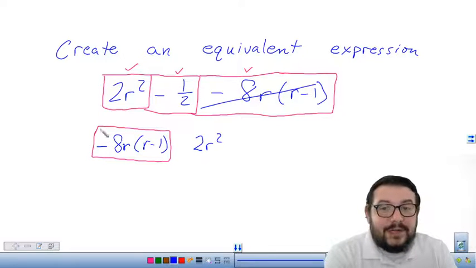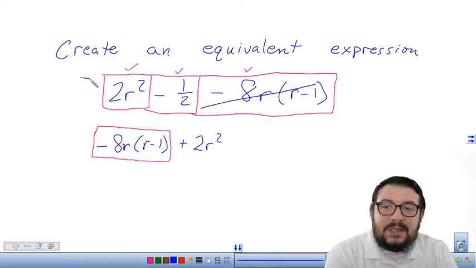I should put a plus. Who knows where I came up with this plus sign? How did I know to put a plus sign? Well, because this was the lead term. And what does the lead term have if this number is positive? It has an implied plus sign.